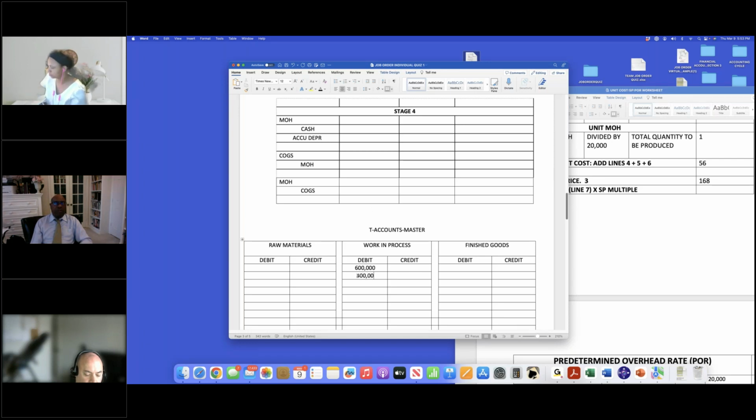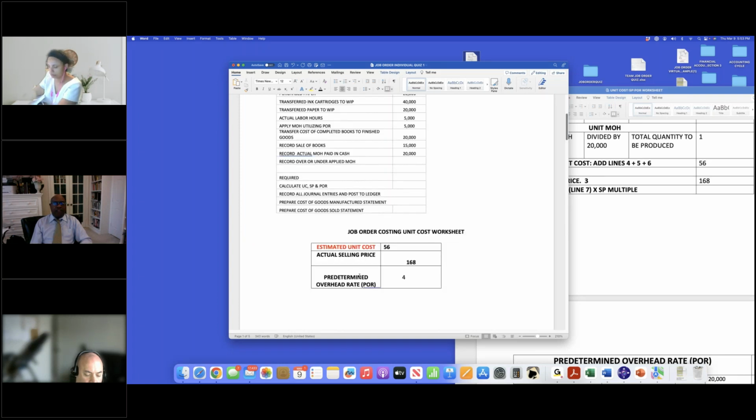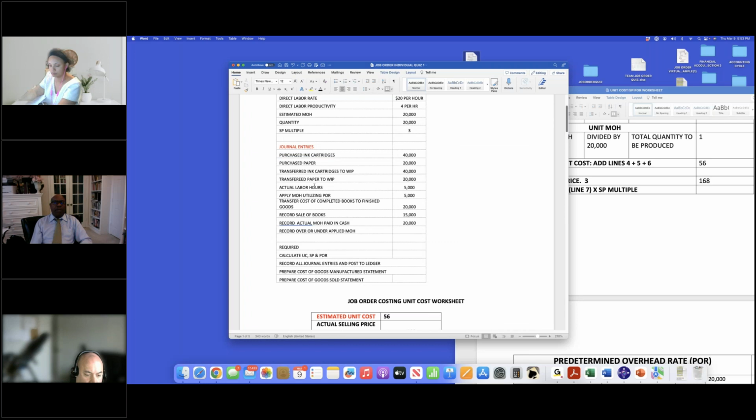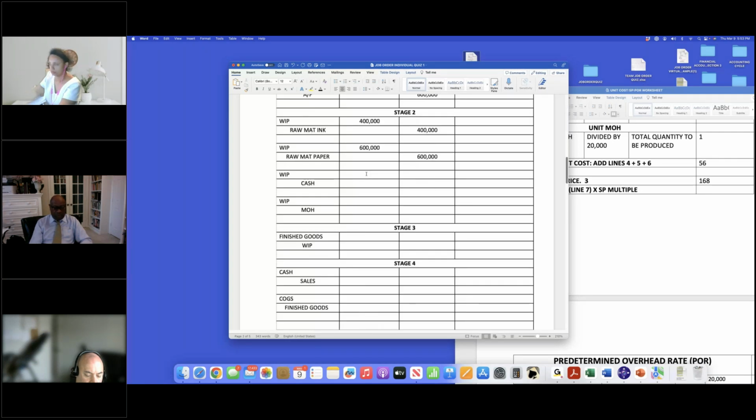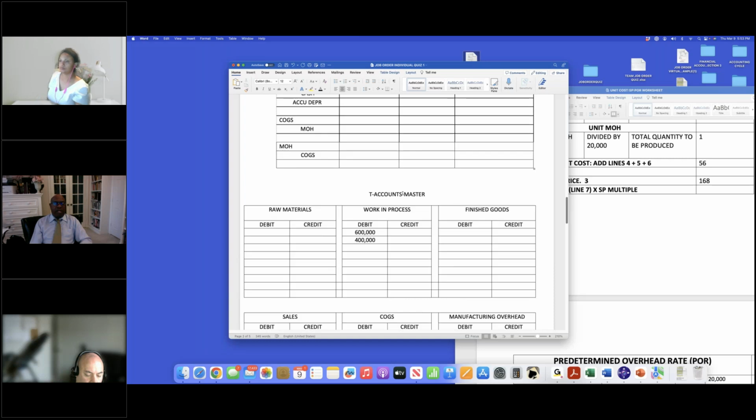Next, what did we do? Actual labor hours were 5,000. How much do we pay an hour? $20. So $20 times 5,000 gives us what? That's 100,000. Let's go and put that in the work in process account, 100,000.